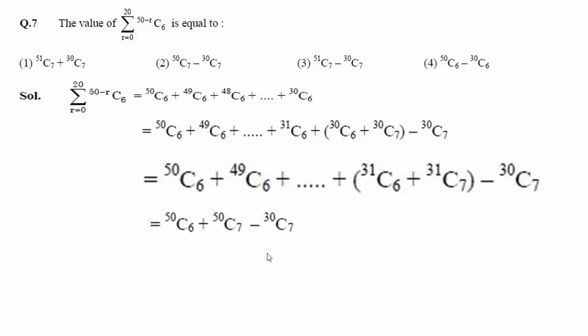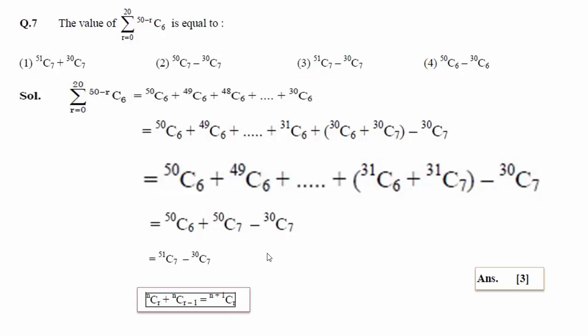And thus we will get 51C7 minus 30C7, and hence the correct option is C. In this problem, we have used the formula nCr plus nC(r minus 1) equals (n plus 1)Cr.